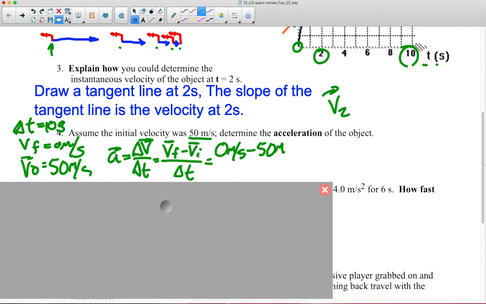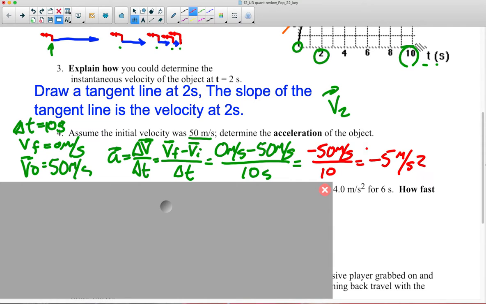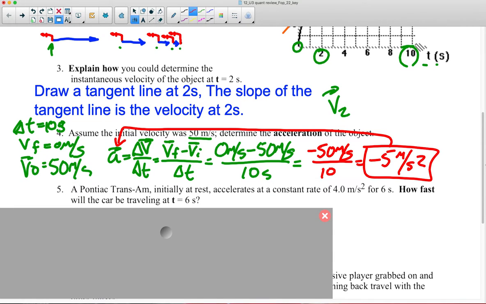Our starting velocity was given at 50 meters per second, and that happened over the course of 10 seconds, in which case we end up with negative 50 meters per second divided by 10 seconds, which is negative 5 meters per second squared. Because I have these equal signs all in here, that's saying the acceleration is negative 5 meters per second squared. That negative sign is super important.